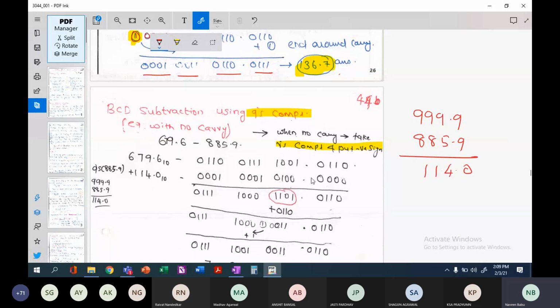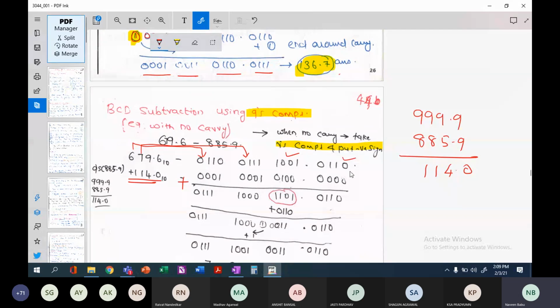We will add these two numbers. Before that, we have to convert all these numbers to BCD numbers. The corresponding BCD number of 6 is 110, 7 is 111, 9 is 1001 and 6 is 0110.